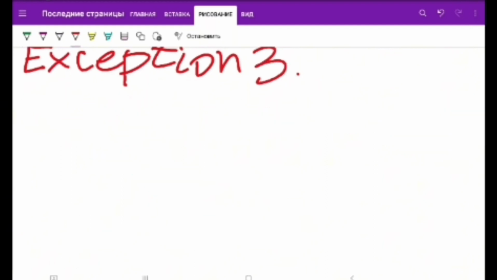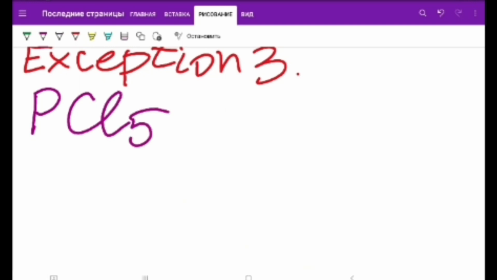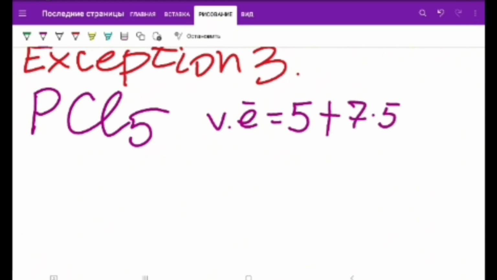In the case of exception 3, we said it is when there are too many electrons. So we can say expanded octet. For instance, let's take the molecule PCl5. Let's find the number of valence electrons. For phosphorus, it is 5, it's in the 5th group. For chlorine, it's 7. We have 5 chlorines, so 7 times 5. We have 40 electrons, or 20 pairs.